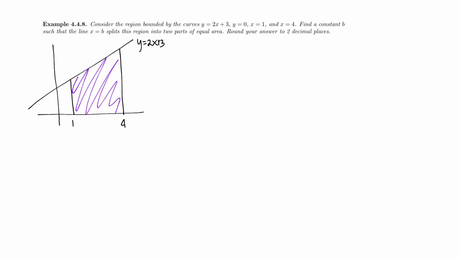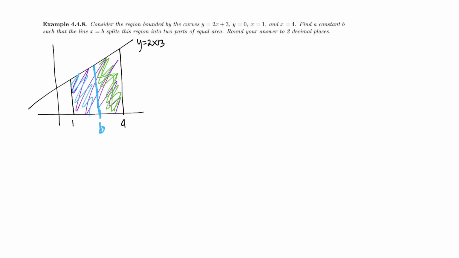So there's some number b between 1 and 4 such that this area here and this area over here are the same. Now, it can't be exactly in the middle of these two, right? Because if you put it right in the middle, this would have more area. But there is some letter b that is such that this area here is equal to this area here.